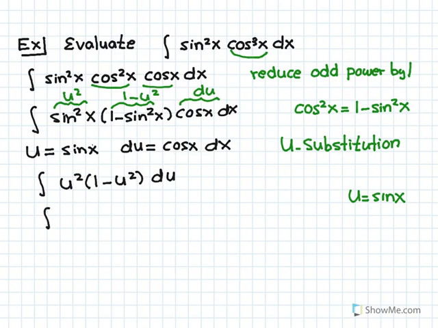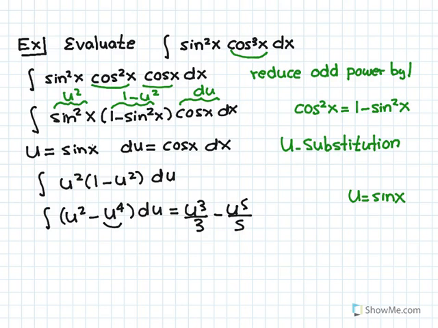Now let's solve this. Let's simplify the integrand. Distribute the u squared. We get u squared minus u to the 4th, du. Let's integrate term by term. The integral of u squared is u cubed divided by 3, minus the integral of u to the 4th, which is u to the 5 over 5, plus constant c. Now let's substitute u equal to sine x back in to get our answer in terms of x.